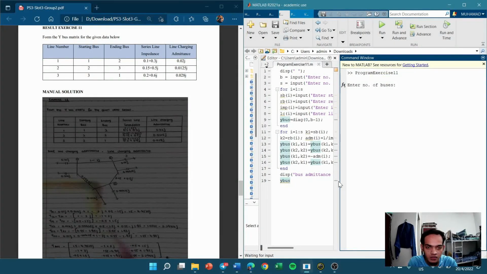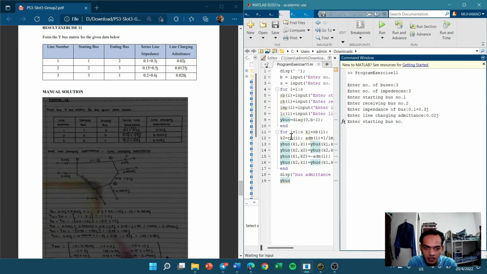The number of buses is 3, and the number of impedances is 3. From the table given, for the first line, the starting bus is 1, the receiving bus is 2, the impedance is 0.1 plus j0.3, and the line charging admittance is 0.02.